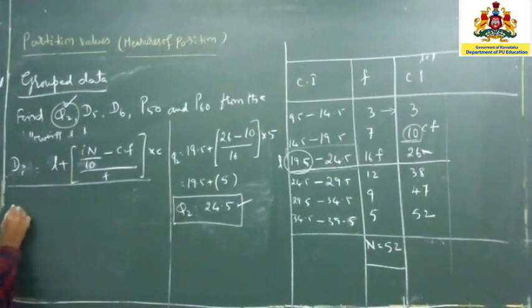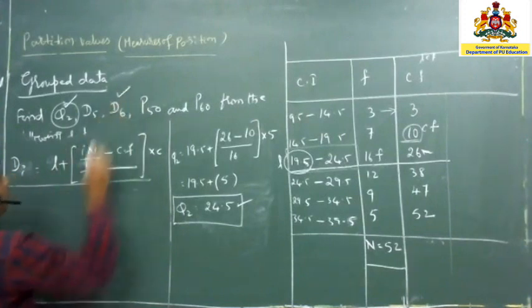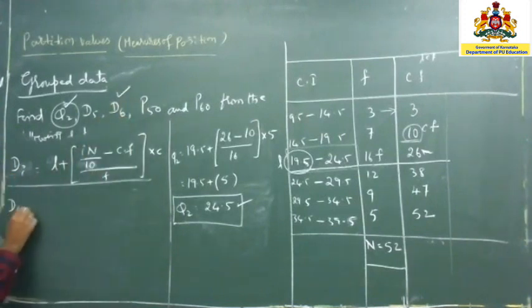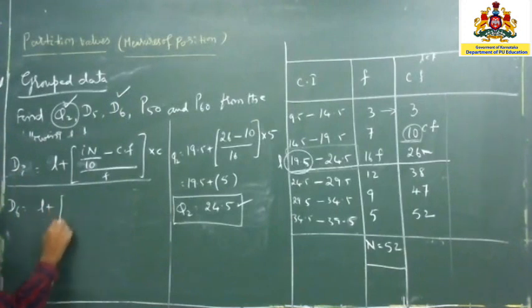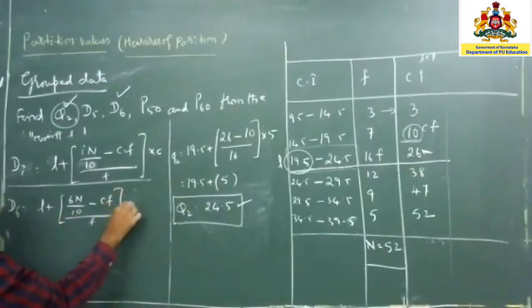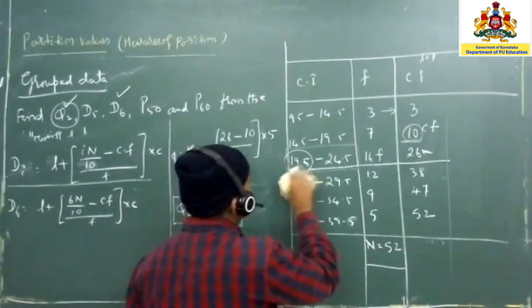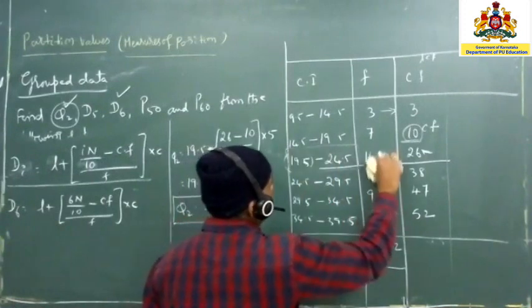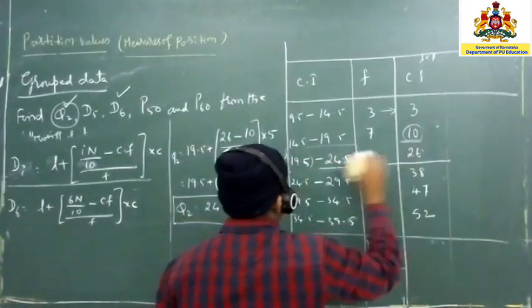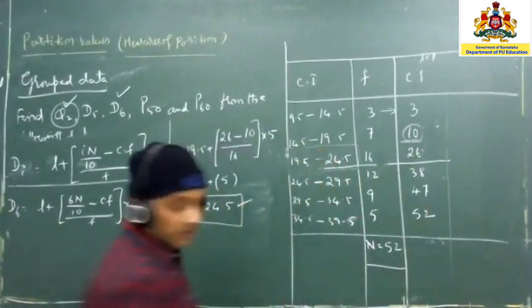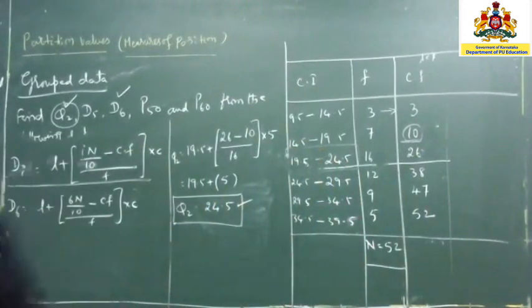Now, D6 is equal to L plus 6N divided by 10 minus CF, whole divided by F, into C. We may not get the same values, so we'll try a different way.